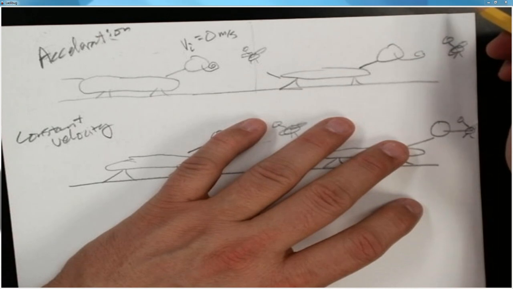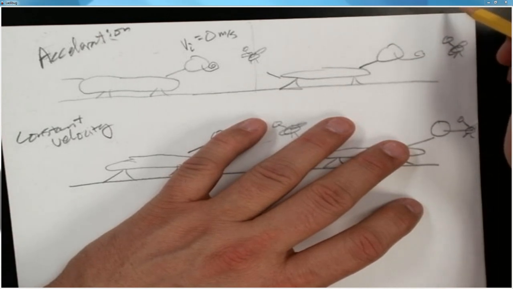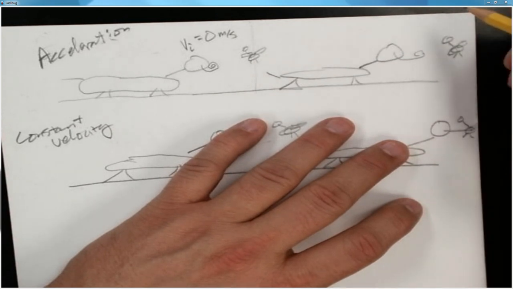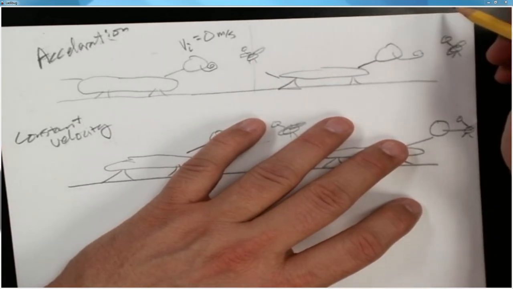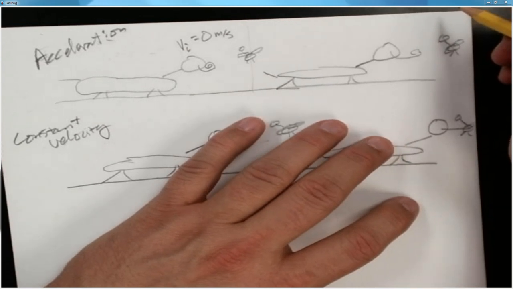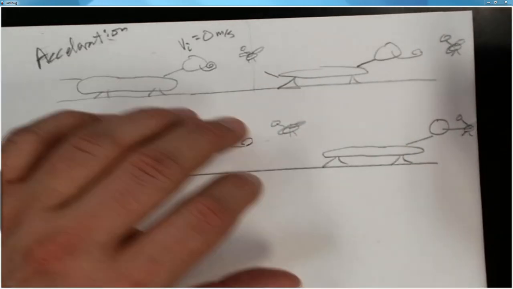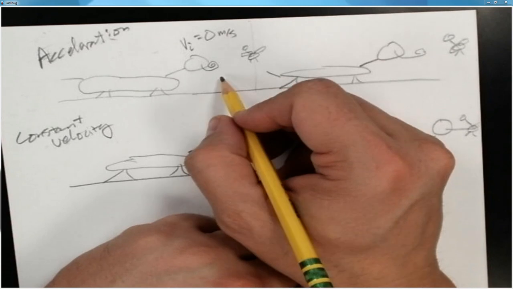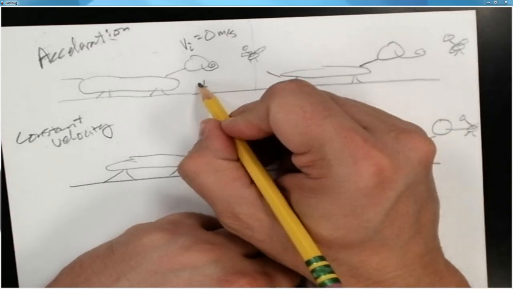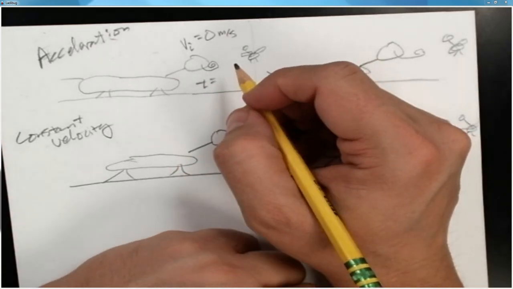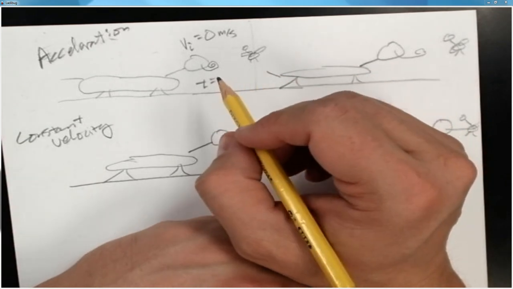Did the problem tell me what his maximum speed was? No. It says it accelerates at 250 meters per second squared for 20 milliseconds. So I know the time here. The time up here is 20 milliseconds.